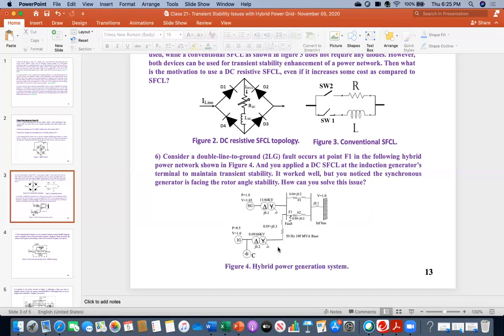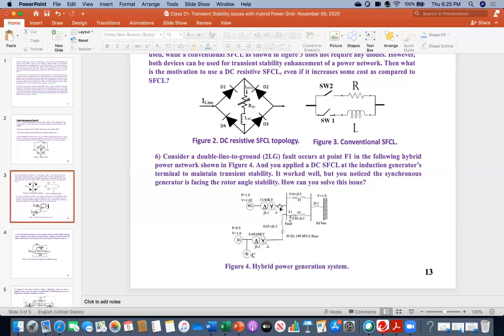Even if you are using parallel resonance, which of course, the parallel resonance PRFCL, is much better than this structure and is well proved, it may maintain the stability of one generator but may not maintain the stability of the other. That is the issue we are facing. That was the question: how can you solve it?